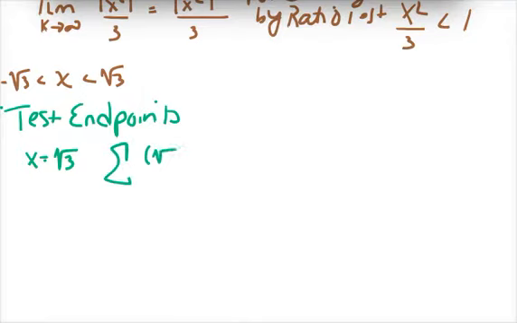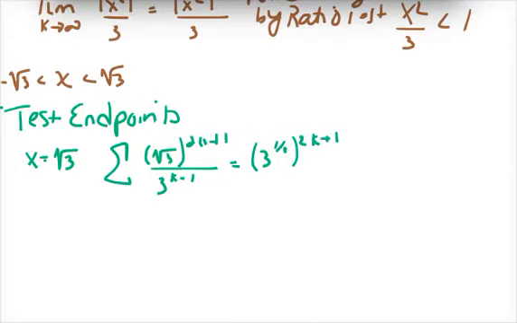You get the square root of 3 to the 2k+1 over 3^(k-1). And I'm going to rewrite the root as an exponent so that I can show you how to apply the exponent rules: 3^(1/2) to the 2k+1 over 3^(k-1).